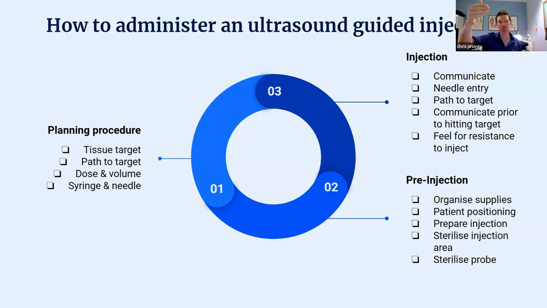And if you can, have the ultrasound machine in front of you and the patient here, so you're just going in and you can see the needle path very easily on the ultrasound. In certain situations, it's not possible, and you're craning your neck round, looking at the ultrasound and so on. That's okay too, but it's not ideal at the beginning anyway.